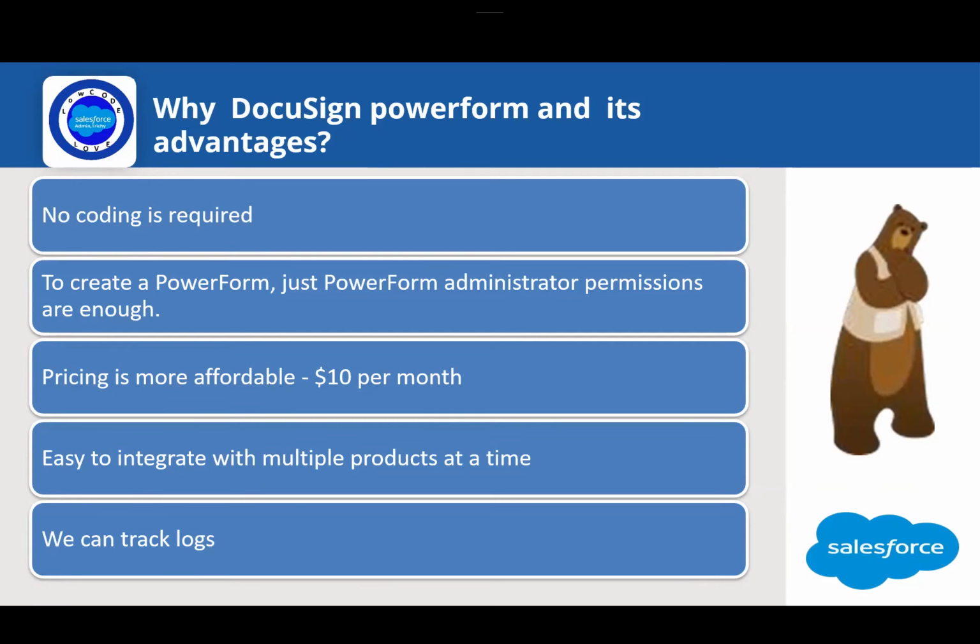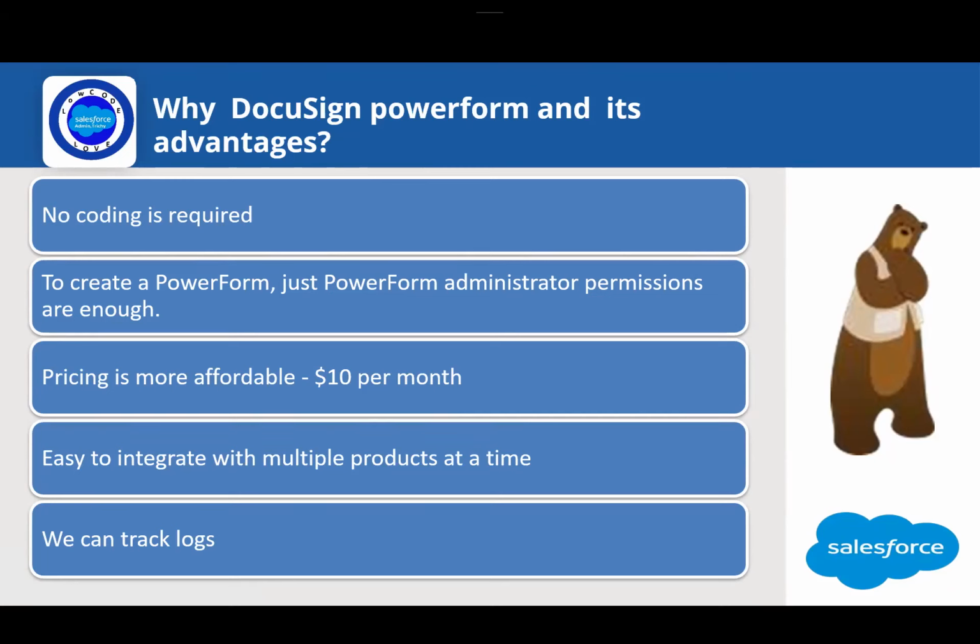And the last one is that we can track a log. When it comes to a coding part, we can easily track each and every transaction. When it comes to PowerForm, we don't have any coding, only configuration. So in DocuSign, we have a separate option for tracking the transaction.